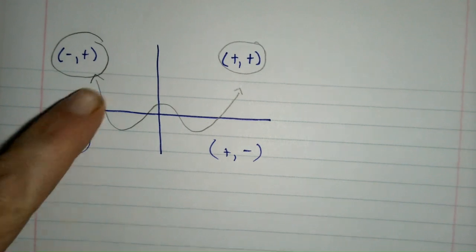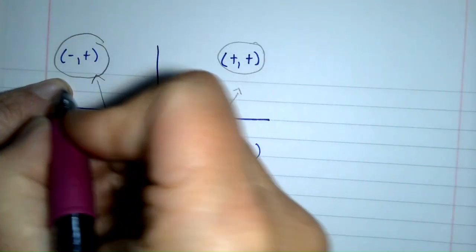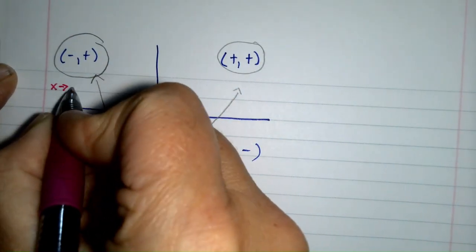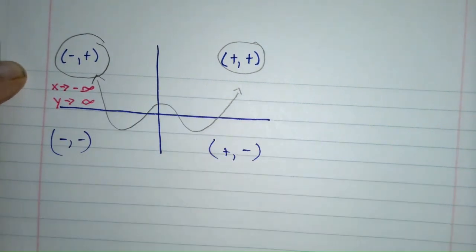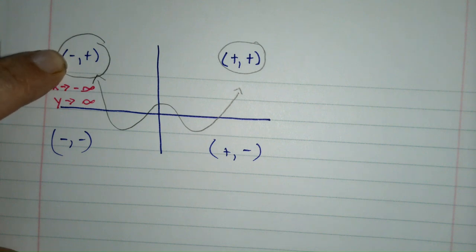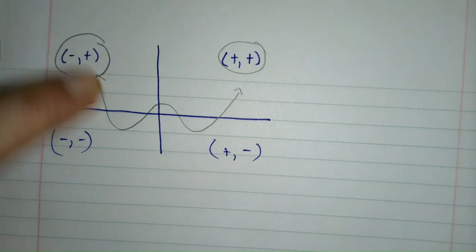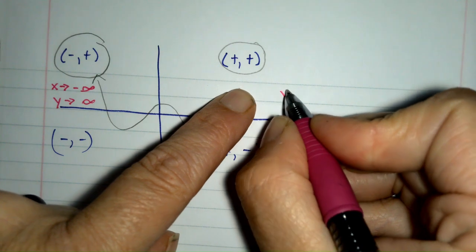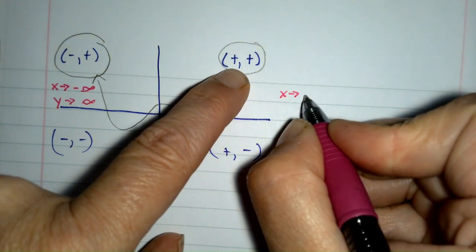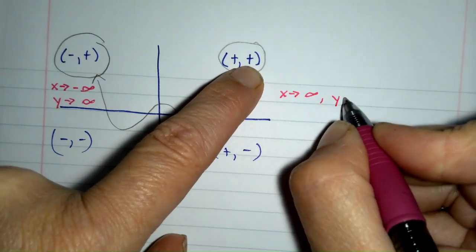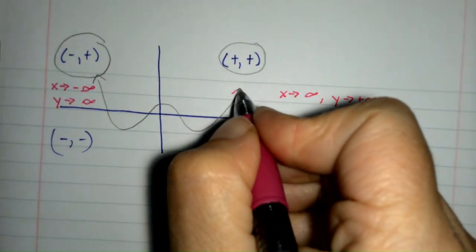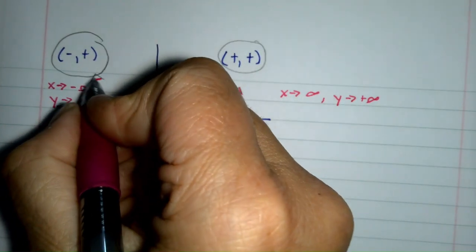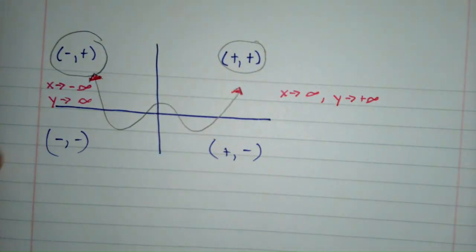All I'm doing is saying for the left side, as x goes to negative infinity, y goes to positive infinity. See how we're using the ordered pair signs, negative, positive? Here, as x goes to positive infinity, y also goes to positive infinity. So because the arrows were in quadrants 1 and 2, I use the signs from quadrants 1 and 2.